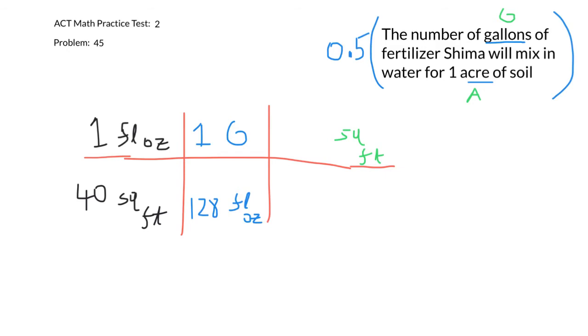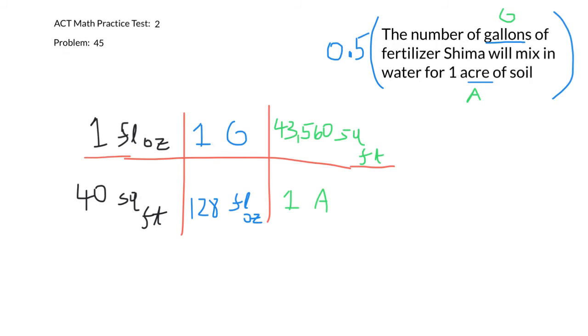Apparently, according to the problem, there's 43,560 square feet corresponding with 1 acre. I'm going to use the A for acre. And this is great because we put the word square feet here, which will cancel out with this square feet. And we also introduced the concept of acres, which is something we want in the final analysis.